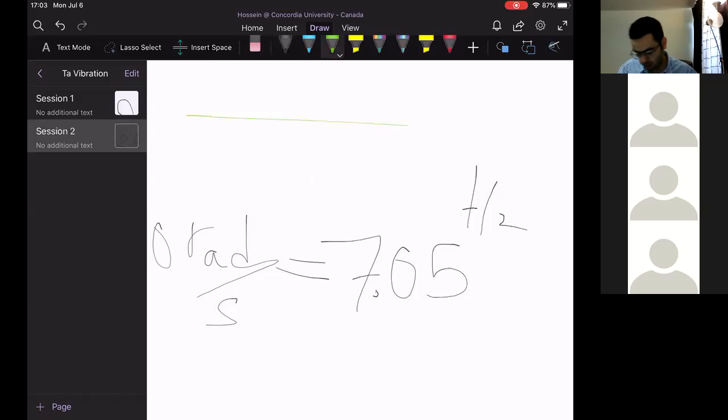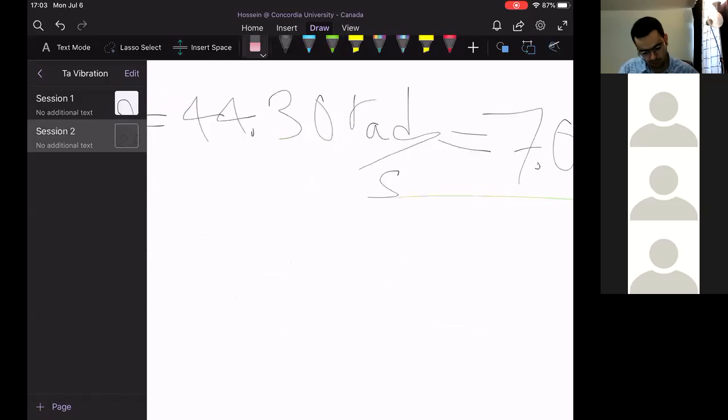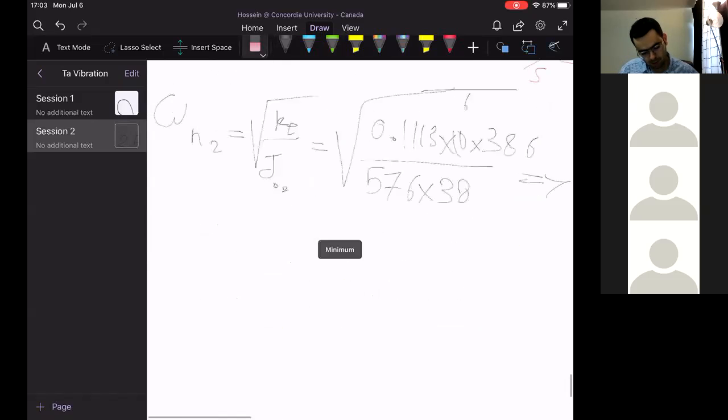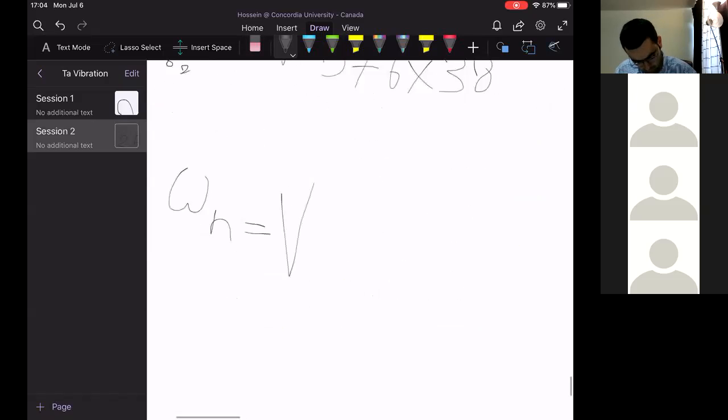This is how we obtain the natural frequency in two cases. As you see, omega n is square root of K over J. By increasing the J, the omega n will decrease, right?